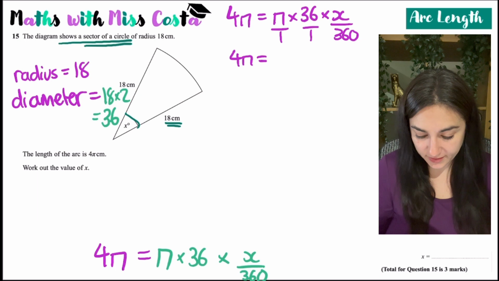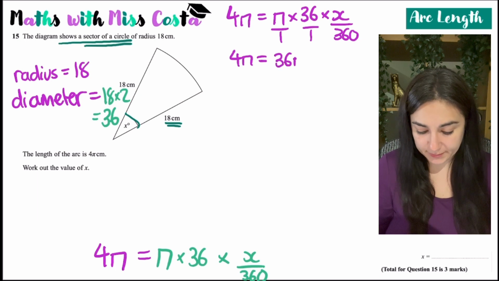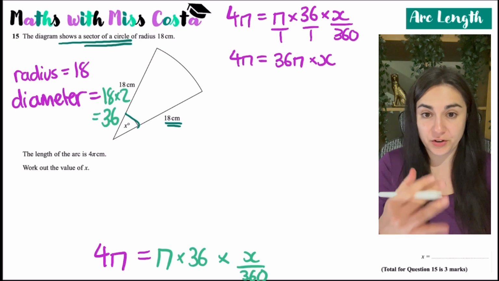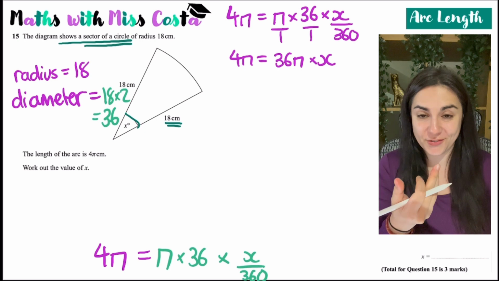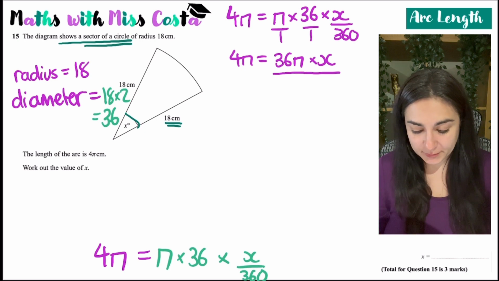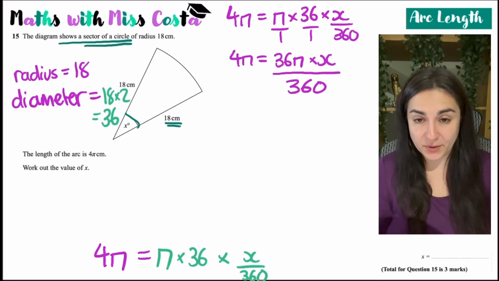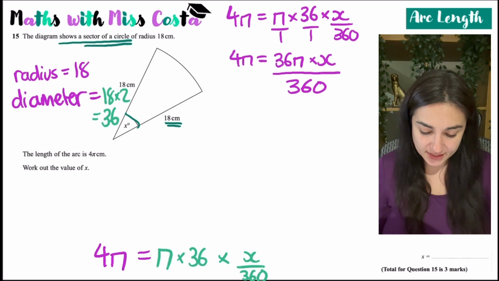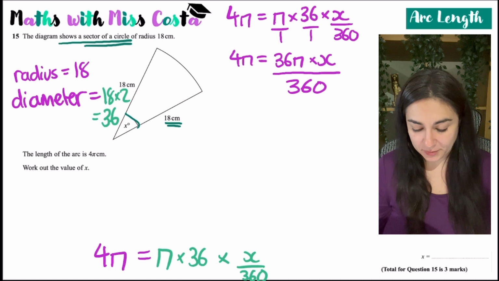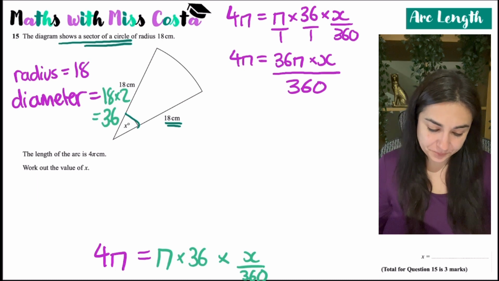So the numerator would be 36 pi, and I'll just write it as times by x just to keep it separate, but you could write it as 36 pi x because with algebra you don't write the multiplication. So 36 pi times by x over 360, because when I multiply fractions, I multiply the numerators and then I multiply the denominators. So I know that 4 pi equals 36 pi times by x over 360.